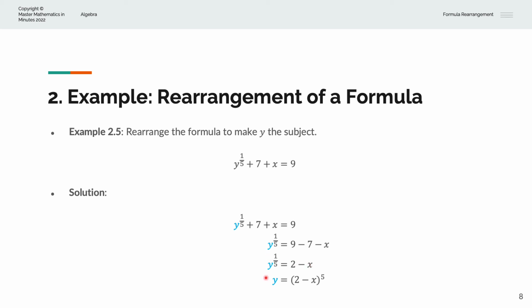And once again, we'll bring across the y raised to the power of 1 over 5 to the next line. So to remove the power 1 over 5, we will raise both sides of the equation to the power of 5. And so that becomes y is equals to 2 minus x, the entire thing raised to the power of 5. So once again, we've made y the subject on the left-hand side because all of the other terms appear on the right-hand side.